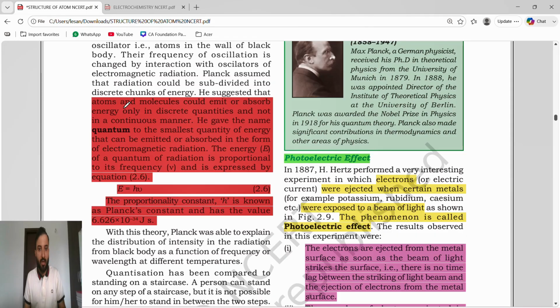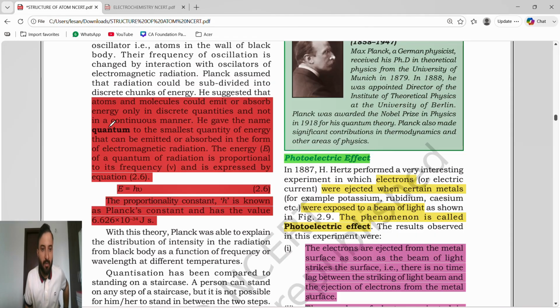Quantum means, if they are doing it non-continuously, it is very small. Non-continuous means you will emit once, then next time you will not emit, then again you will emit, then not. So you get a small quantity of energy, and the scientists gave it the name quantum.